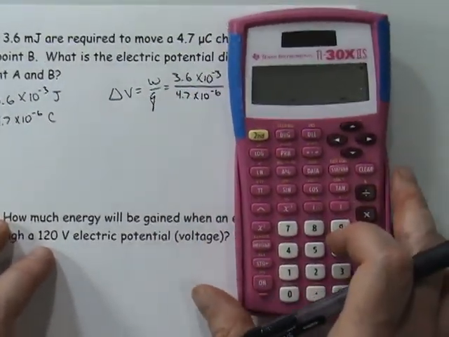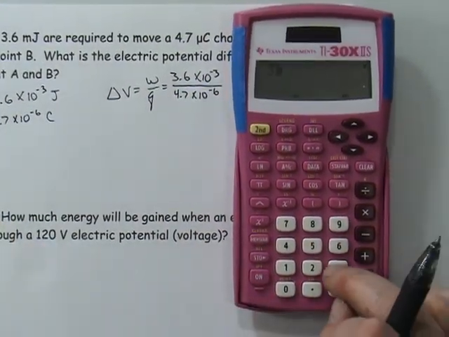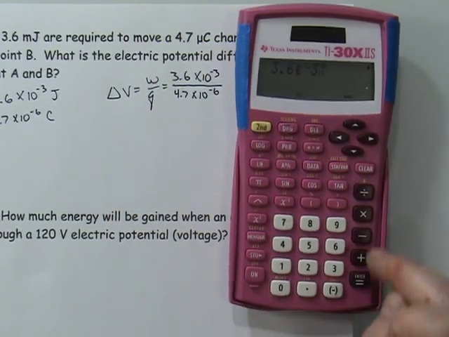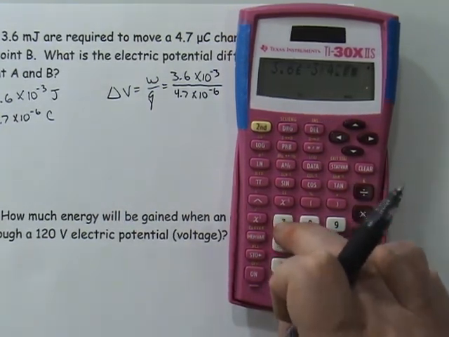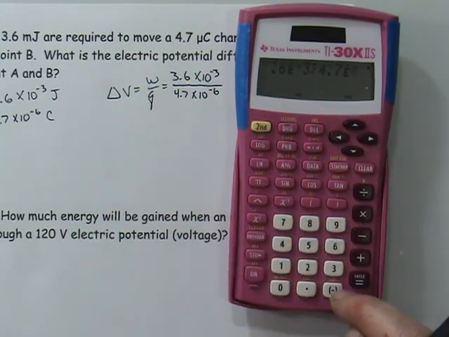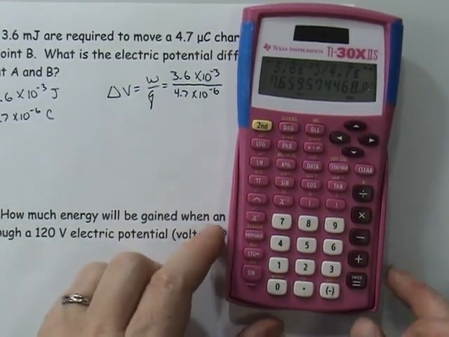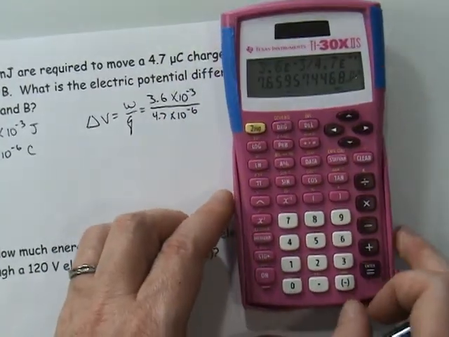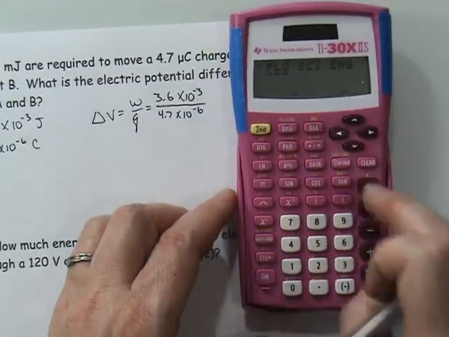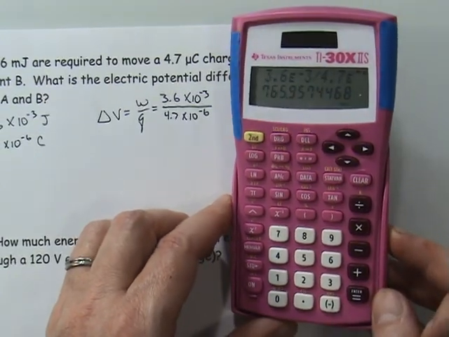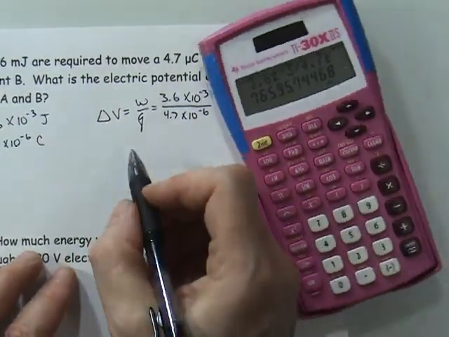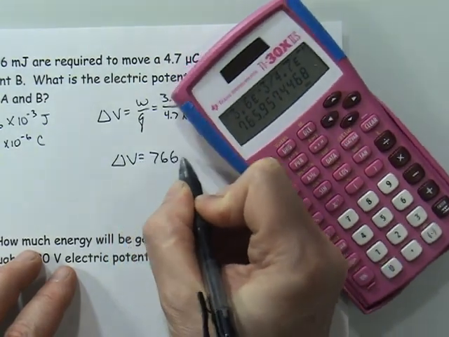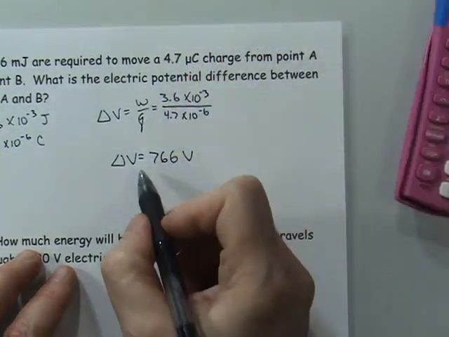Okay, so it's going to be 3.6 EE to the minus 3 divided by 4.7 EE to the minus 6 is equal to, and let's put this into regular notation. That appears to give 766 volts. So delta V is equal to 766 volts.